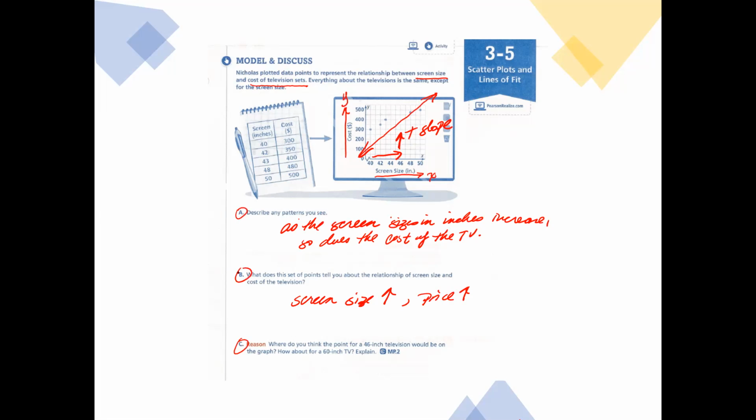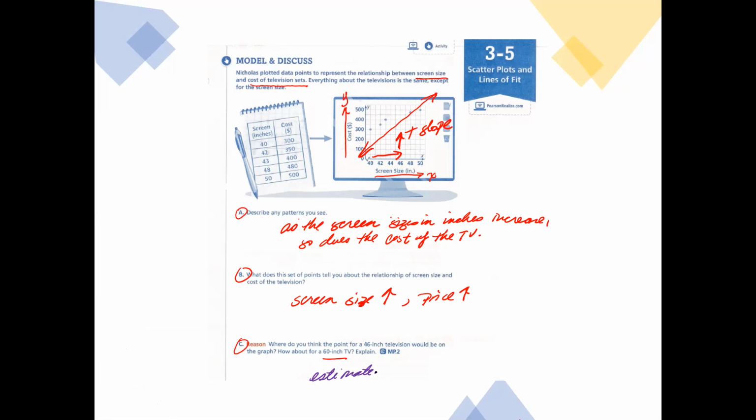Lastly, C, where do you think the point for a 46-inch television would be on the scatterplot? And how about for a 16-inch TV? Now for this one, you can make a guess with an estimate.